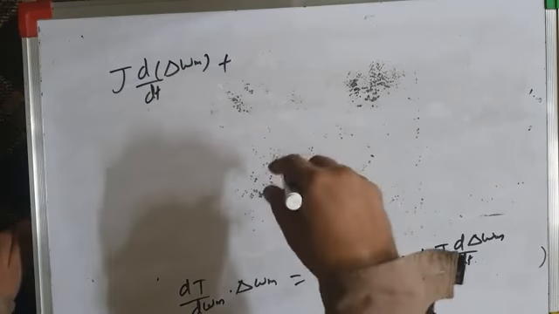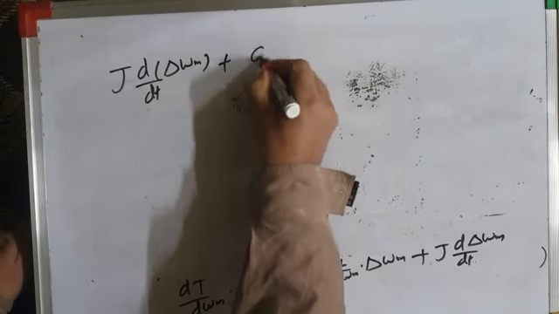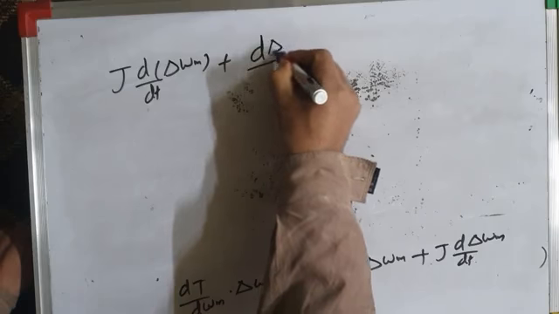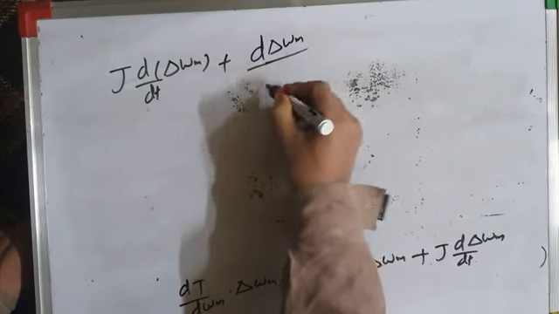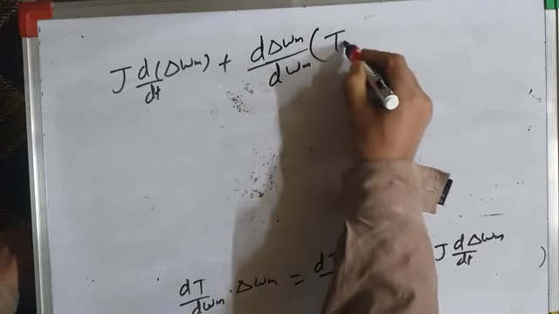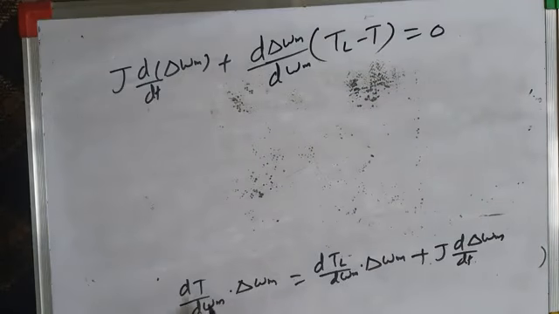Or we can write it like this: J d delta omega m by dt plus d delta omega m by d omega m times (TL minus T) is equal to 0. You just shift it from left hand side to right hand side.